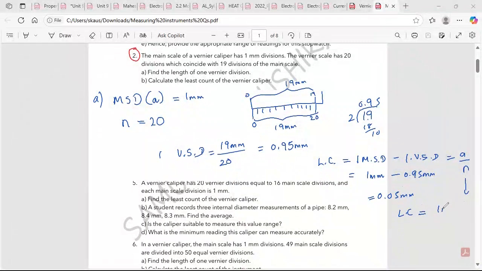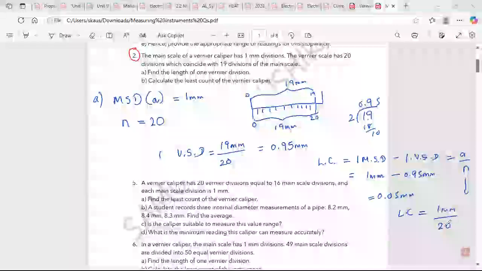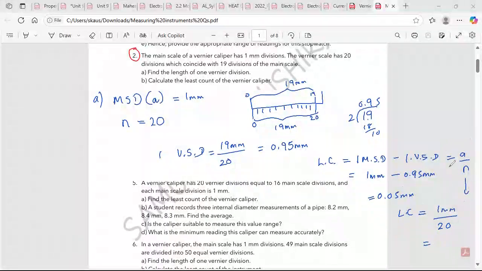Least count equals A, that's 1 millimeter, over N, that's 20, where A means the main scale division. So 1 over 20 is 0.05 millimeters.